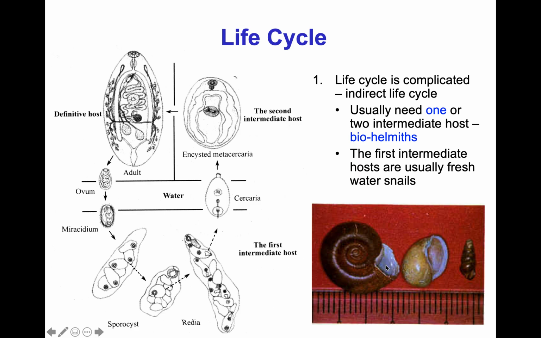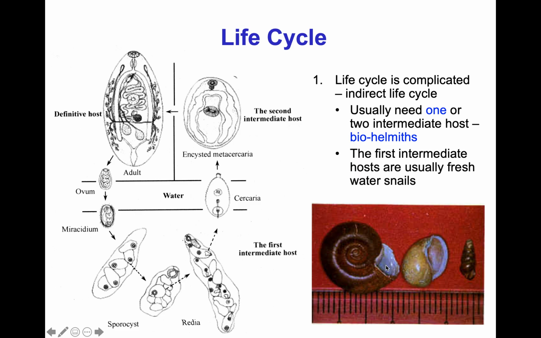First, we will start from the definitive host, where they live as adults. From the definitive host, the eggs are passed out, whether from the anus or other ways of getting outside the body, and then they get into the water.